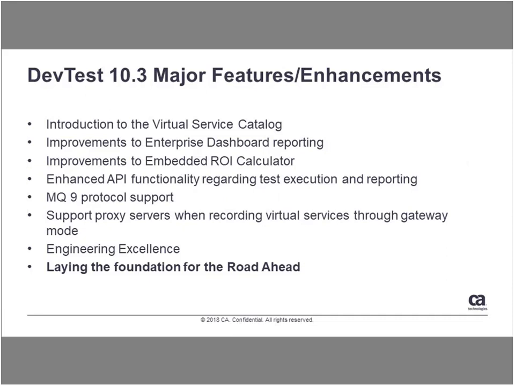We've also made improvements to our API functionality, specifically regarding test execution and reporting, as well as in 10.3, MQ9 protocol is supported, as well as the ability to use proxy servers when recording virtual services through gateway mode.